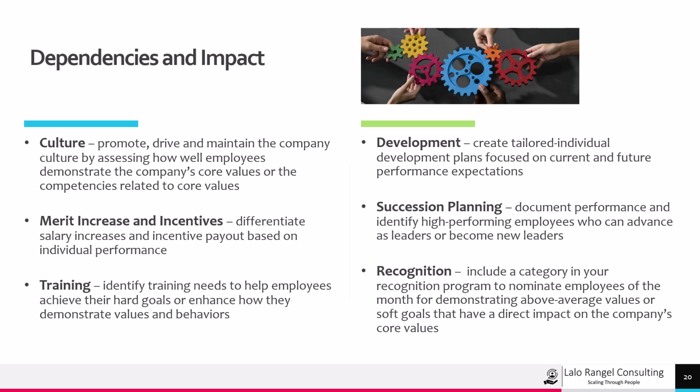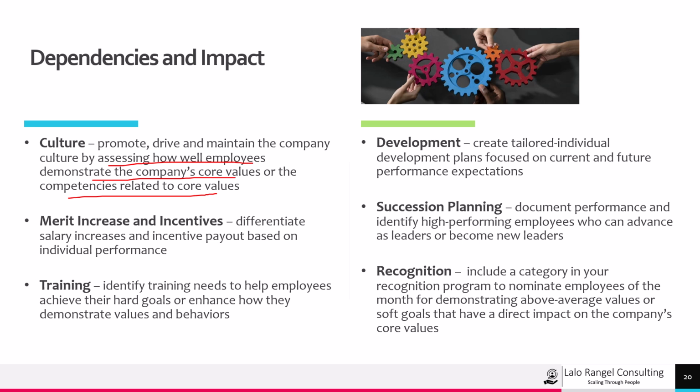The performance management process has different impacts and ramifications. For example, in the case of culture, you can include soft goals, which are going to help drive the culture of the organization. You're going to assess how well the employees demonstrate the company's core values, for example, or the competencies related to the core values.